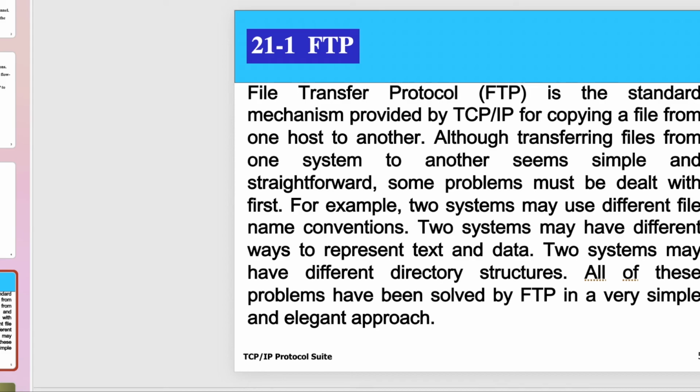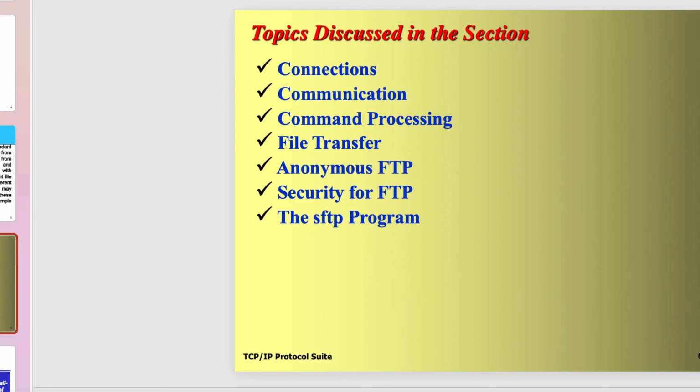Transferring files from one system to another seems simple and straightforward, but the two systems may have different directory structures. All of these problems have been solved by FTP in a very simple and elegant approach. Topics discussed in these sections: connections, communications, command processing, file transfer, anonymous FTP, security for FTP, and the SFTP program.